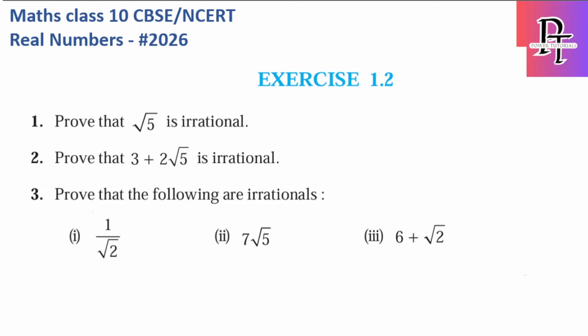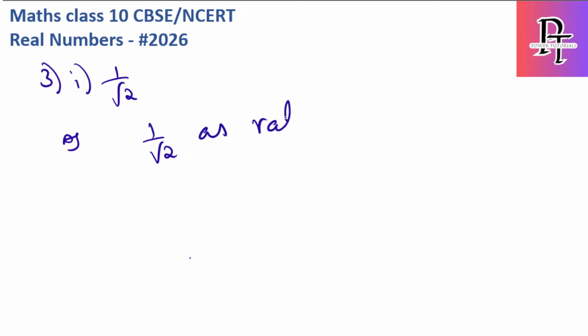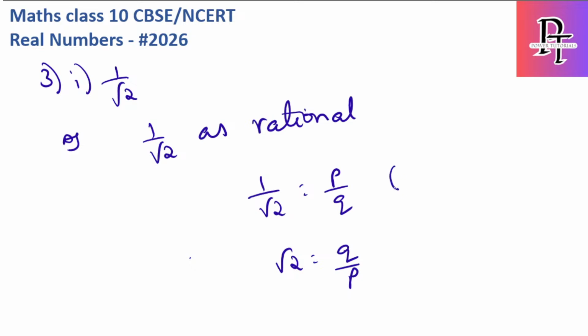1 by root 2. So same, first steps are common. Assume 1 by root 2 as rational. So 1 by root 2 is equal to p by q. If I just cross multiply, I will get root 2 as q by p. Here I will write q not equal to 0 and p and q belong to N and coprimes.